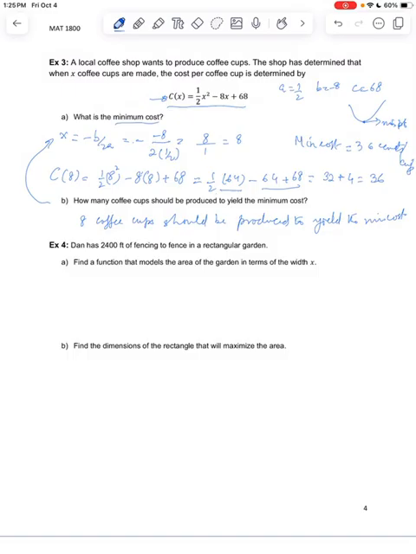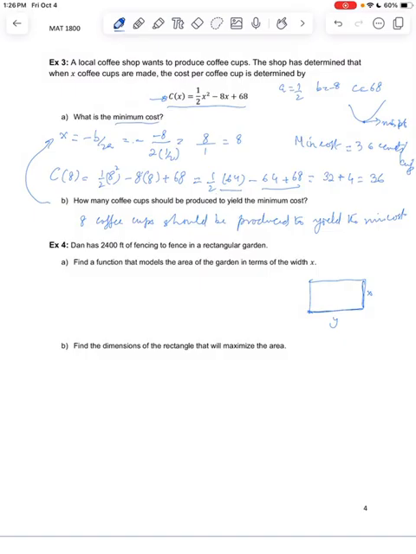So it says find a function that models the area of the garden in terms of the width x. So it's a rectangular garden. So width is this one, so I'll call this x. This I can call any other variable. Let's take y. So you can see here what is related to the rectangle, as we were doing in modeling, often area and perimeter.